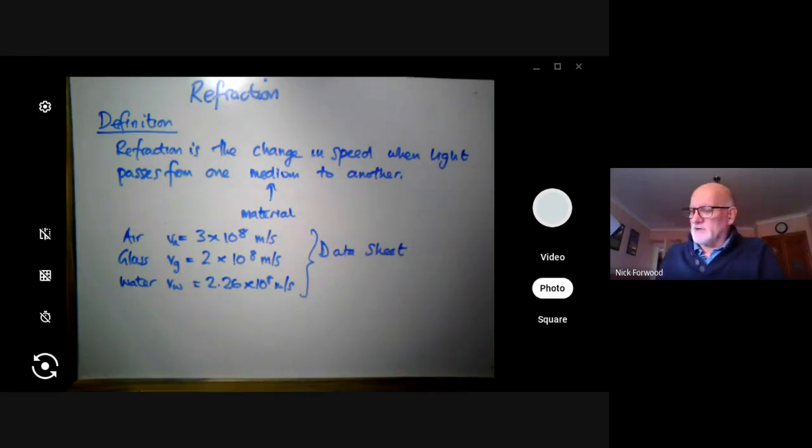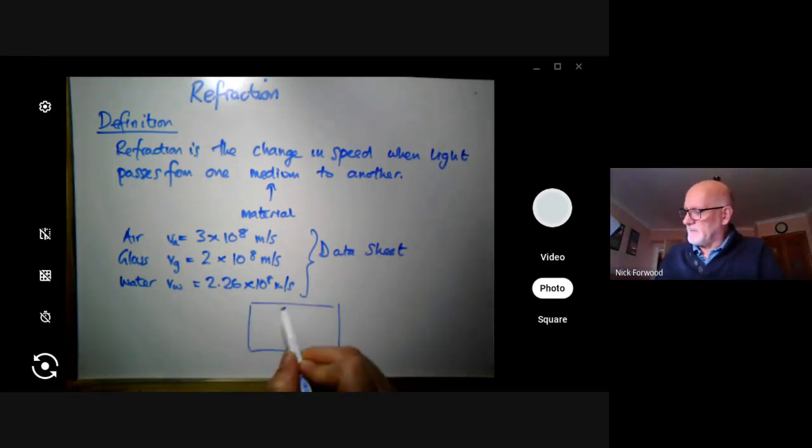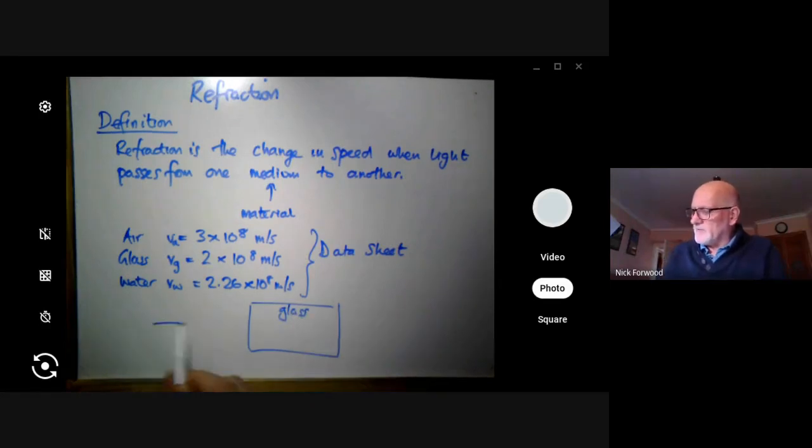So if I've got a block of glass, and this is just revision from National 5, and I've got a beam of light that comes in, and it's in air on the outside, then it's doing 3 times 10 to the power of 8 meters per second on the outside, but it slows down.